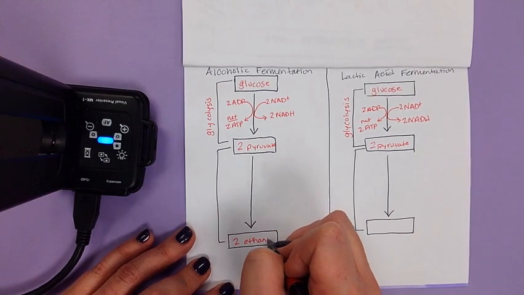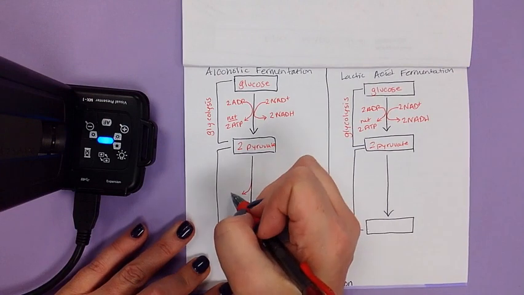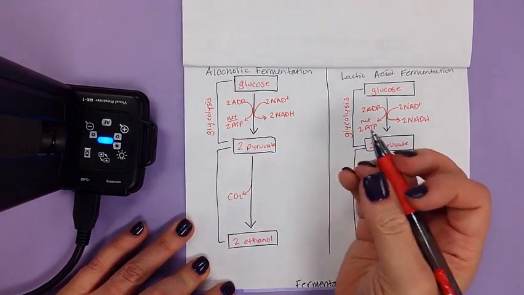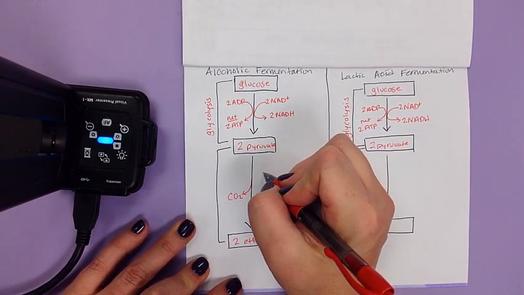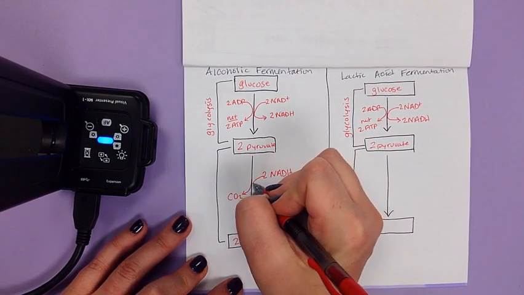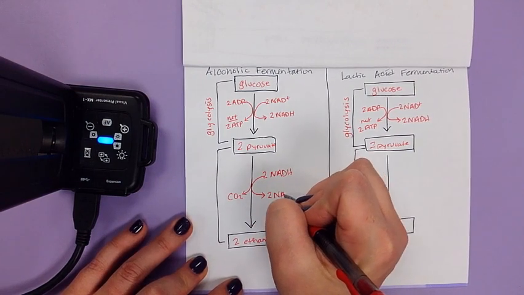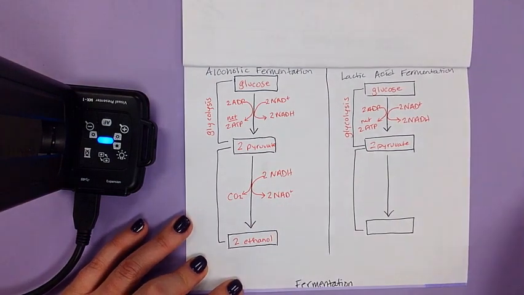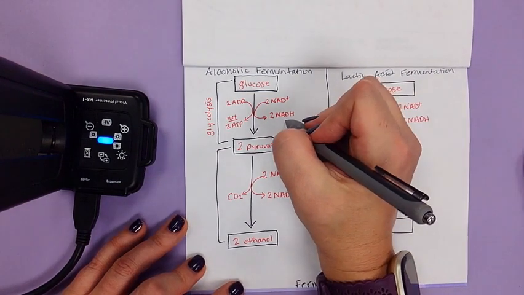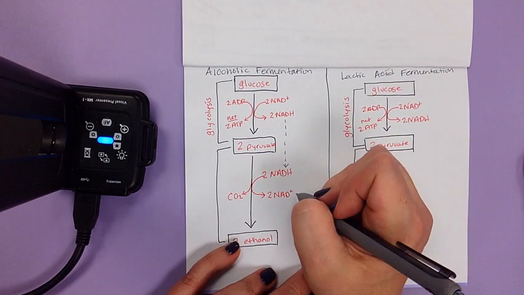In alcoholic fermentation, we're going to make 2 ethanol molecules. And in order to do that, we're going to release carbon dioxide. Well, how are we going to release carbon dioxide and form 2 ethanol? We're going to take 2 NADHs and we are going to oxidize them to form 2 NAD pluses. So where do we get these from? They are just shuttled back and forth.